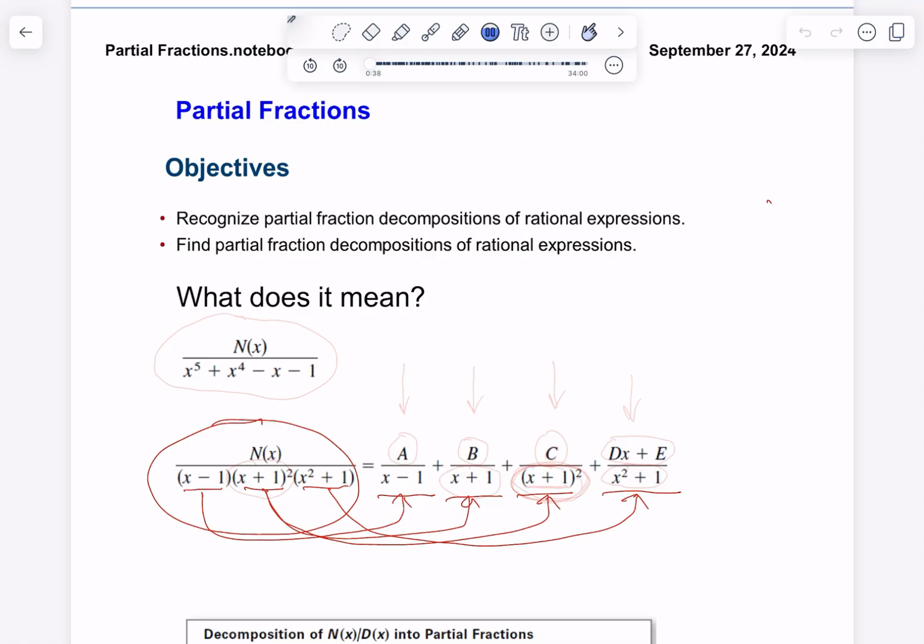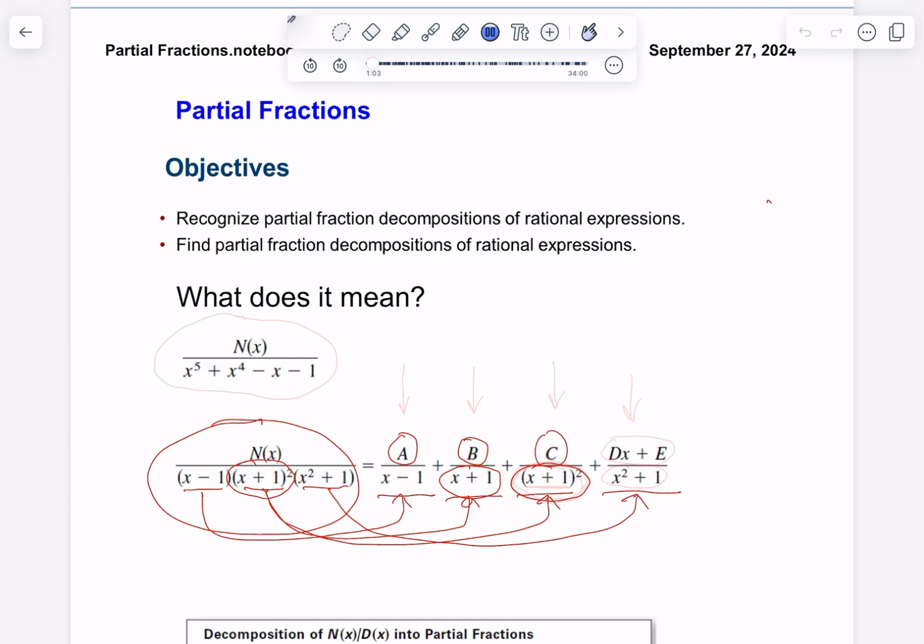Notice that x plus 1 has a power of 2. That will introduce two terms, x plus 1 and x plus 1 power 2. In the decomposition, if the denominator is a linear factor, then you have a constant term A, B, C in the numerator.